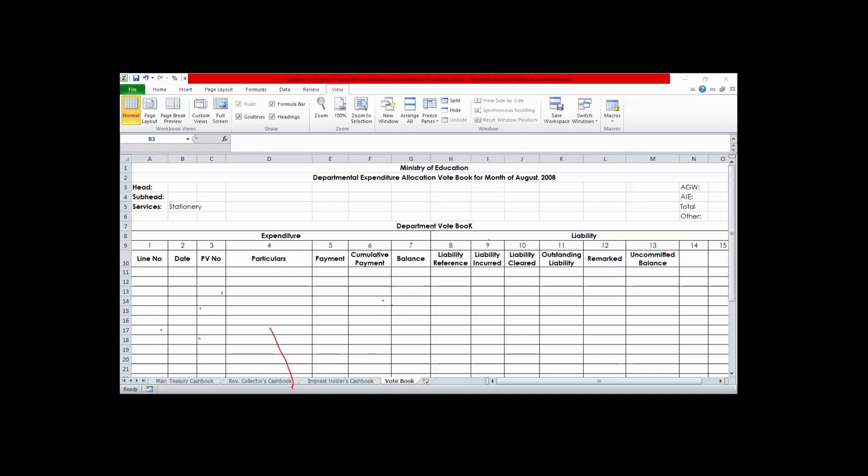Do you understand? Now, coming down to this place, we have the SW/AIE/RIE number, which is 04. The head and subhead. Go down to the question. The head and subhead of the stationery is 502/05.